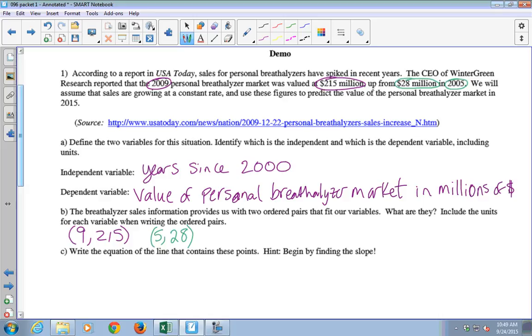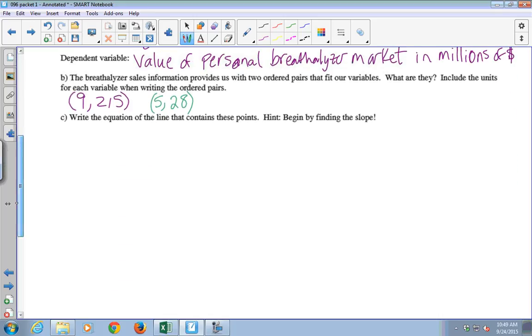Okay, so I was able to extract 2 points from the story, from the article. And then I'm going to use those 2 points to write the equation of the line. Hint, always start by finding slope. My slope is my change in y over my change in x.